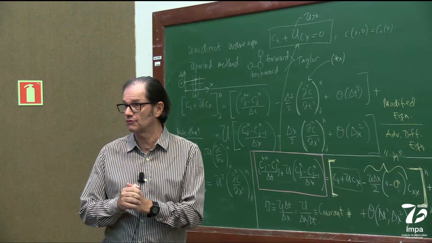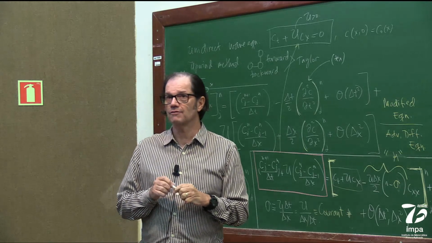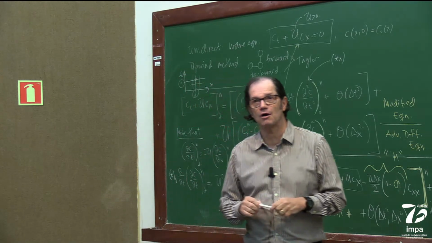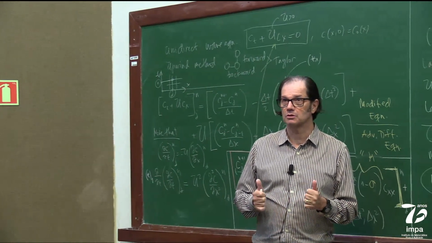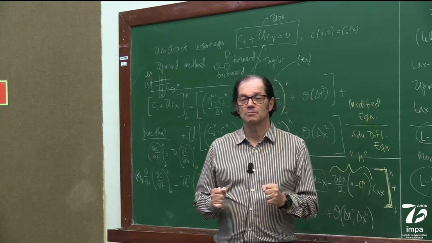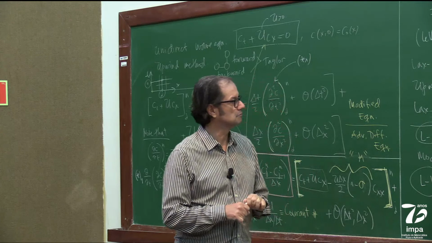Both of them have numerical diffusion. Both of them, if I put the Courant number equal to 1, I switch off the numerical diffusion. Is this fine? But which one has a stronger numerical diffusion?